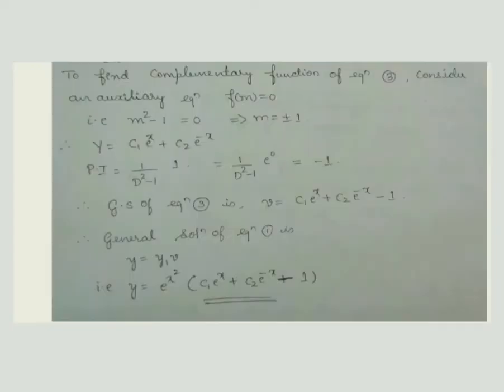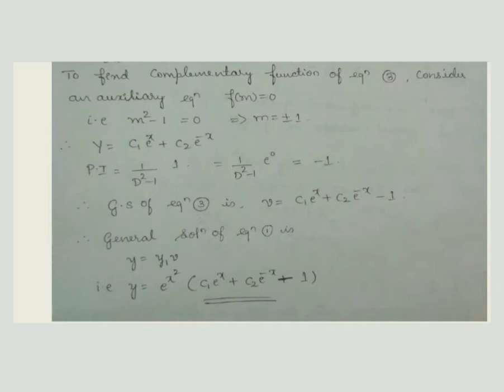Now we have to solve equation number 3. To find the general solution of equation number 3, we have to find the complementary function as well as the particular integral. So first we shall find the complementary function. To find the complementary function of equation number 3, we consider the auxiliary equation of the form f of m is equal to 0.